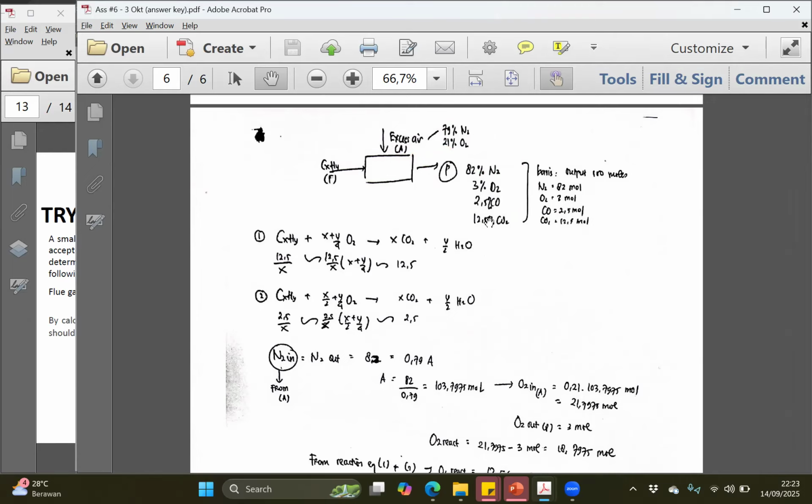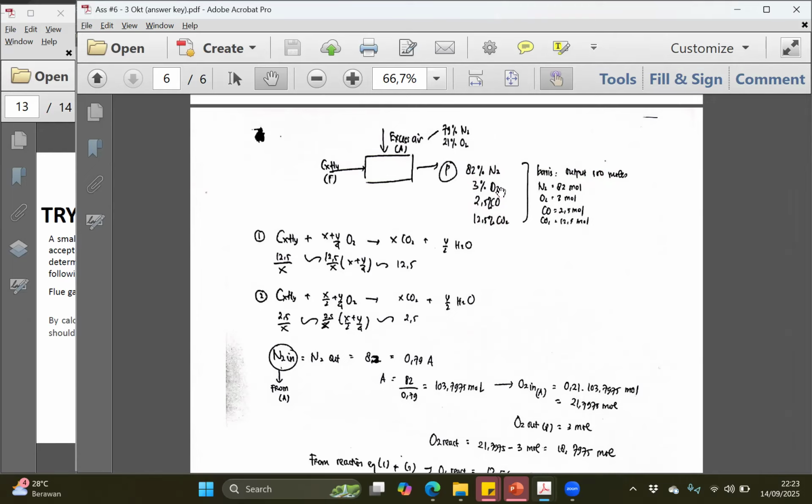Now for the product, I use the compositional data: 82% N2, 3% O2, 2.5% CO, and 12.5% CO2. I will take a basis of 100 moles, sorry, this is not the output but the output minus water. This 100 moles only refers to the four components, without water.